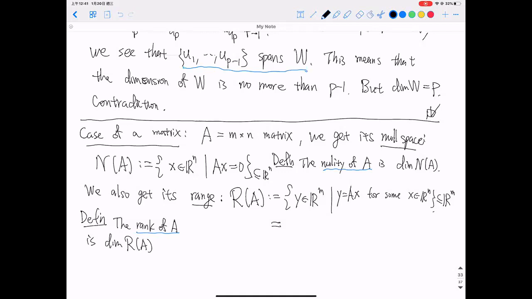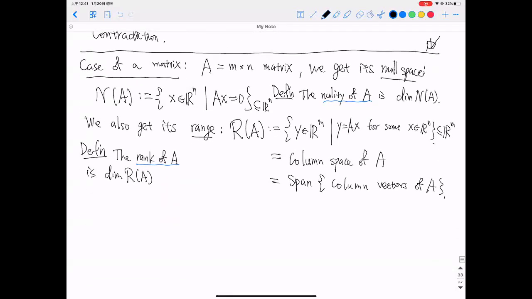There is another interpretation of the range of A: the column space, which by definition is the span of the column vectors of A, right?